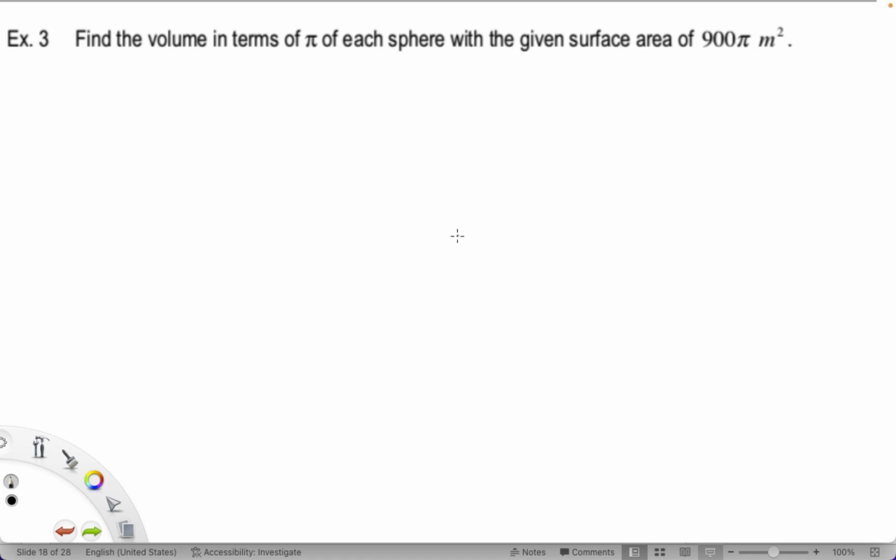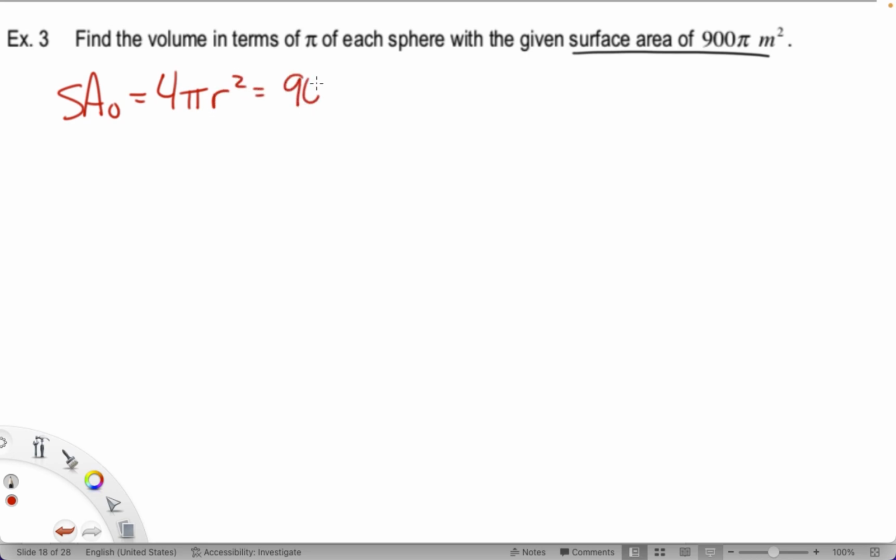Number 3 is asking us to find the volume of a sphere with the surface area of 900 pi meters squared. So, the surface area of a sphere is equal to 4 pi r squared.